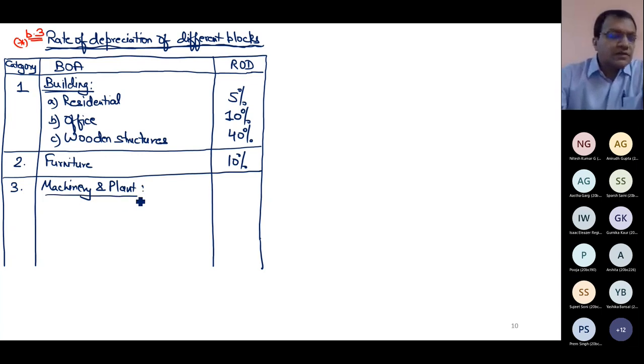Now within this, there are different special categories, so I will tell you only the relevant ones. Motor car. Only these you must know. Otherwise, there are many different blocks. If I show you the rules, then you'll find this is a very long list. But I will tell you only that much which is relevant for your level.